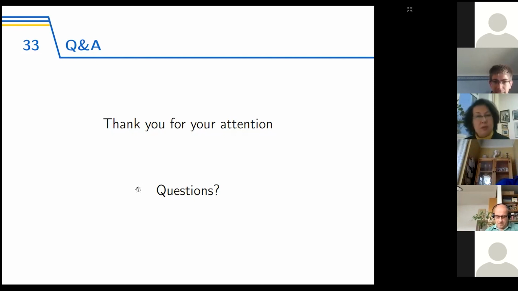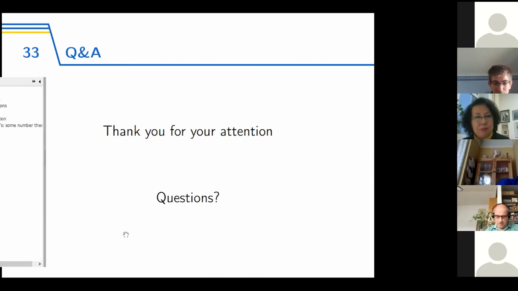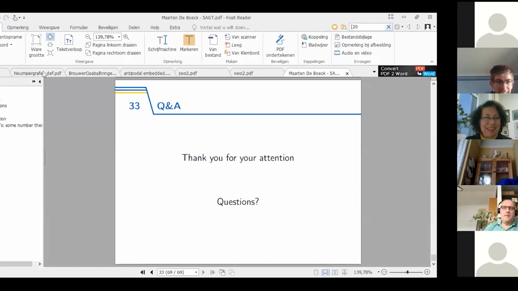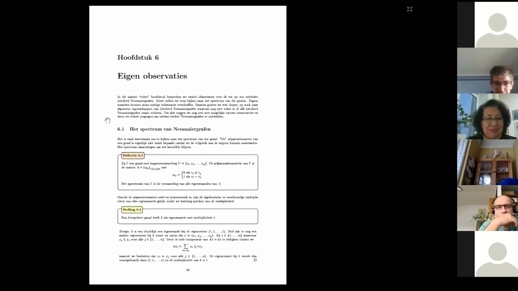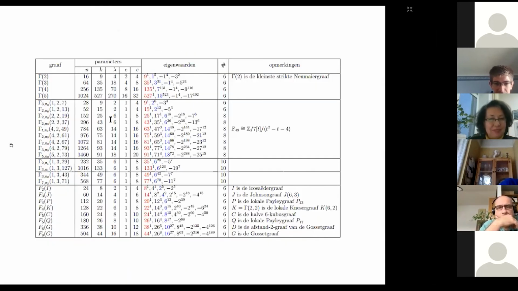Yes, there are, and I'm going to switch again to something else. So I mentioned to you I had a bachelor student who was very good with computers, so I made him implement a bunch of examples.